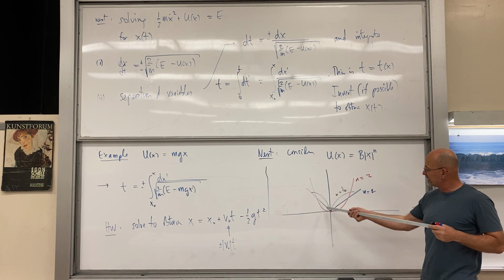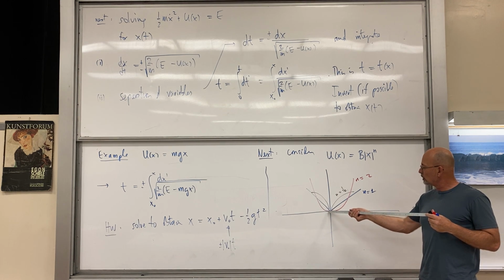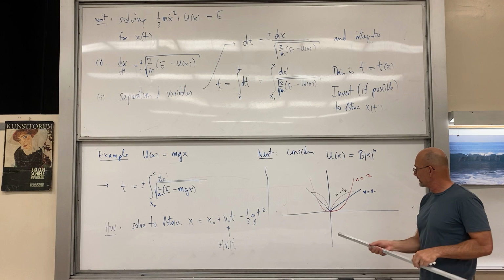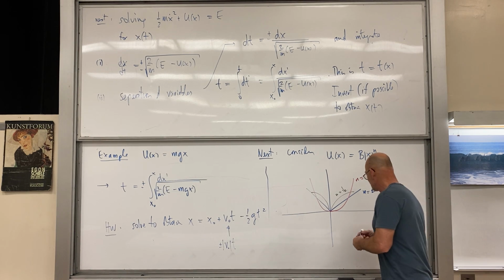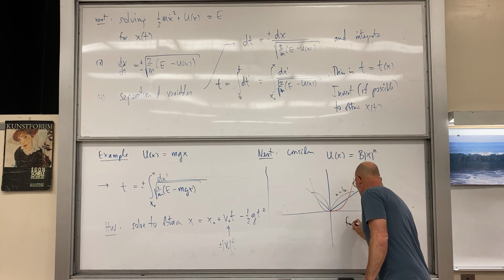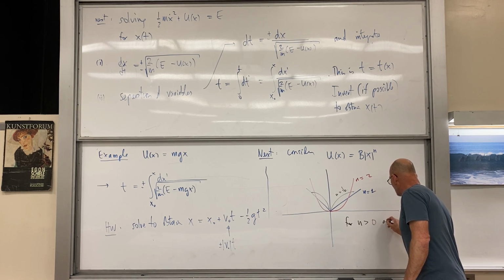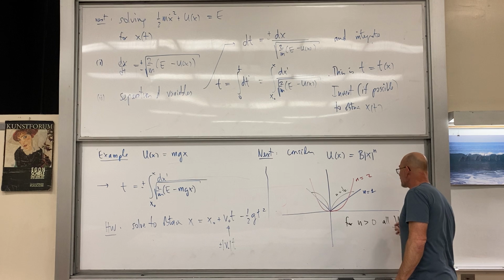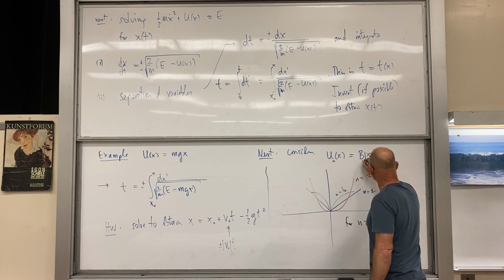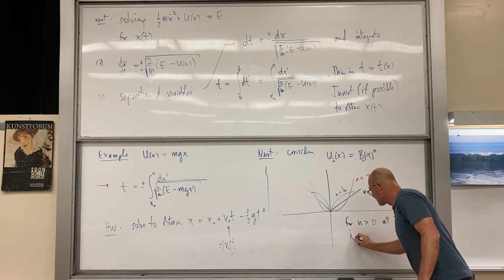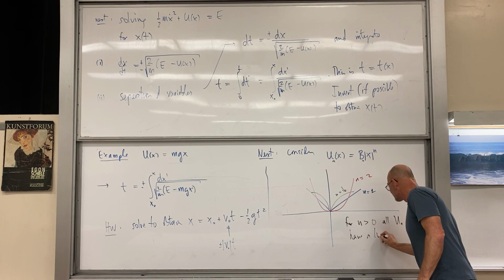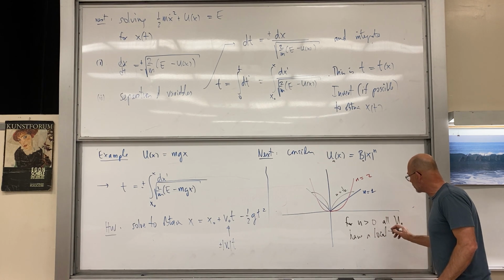They've been constructed to have a local minimum at the origin. For n greater than 0, all U sub n have a local minimum. Actually, in this case, a global minimum.